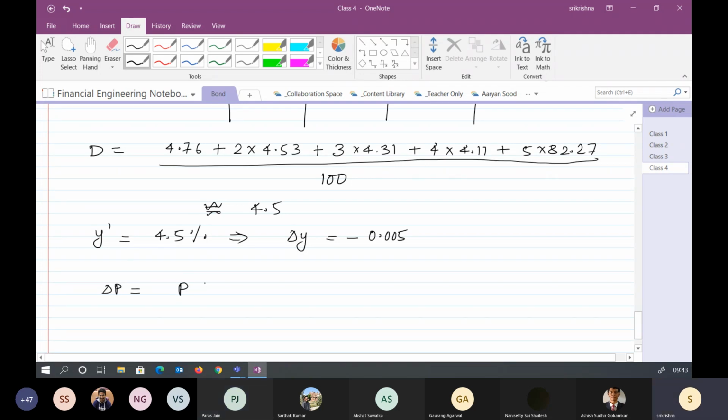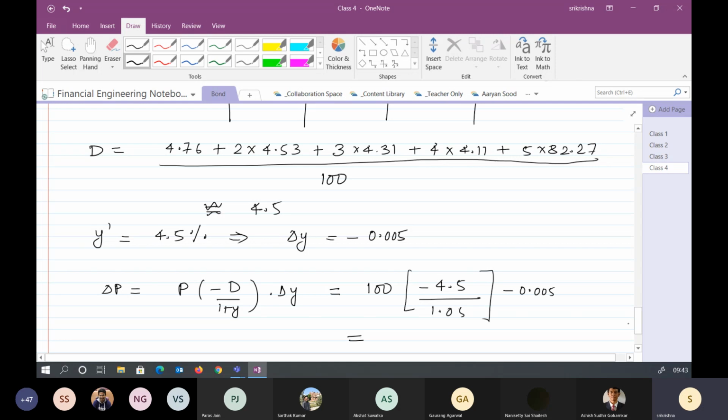P times minus D divided by 1 plus y and into delta y. This was there, right? The price is still 100. Duration is 4.5. 1 plus y is again 1.05 and the delta y is minus again 0.005. So that will give you the change in the price.